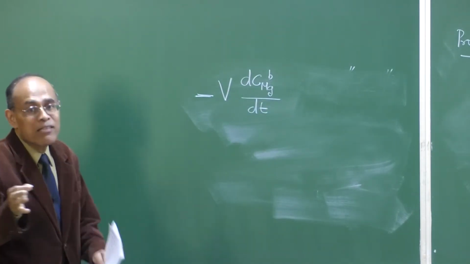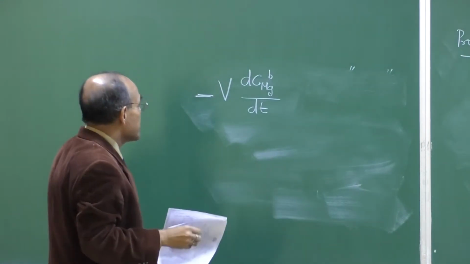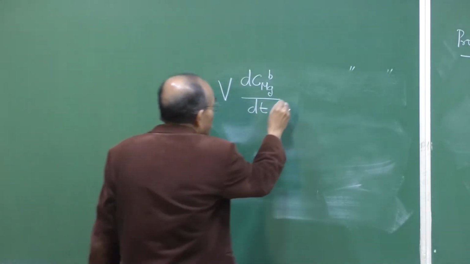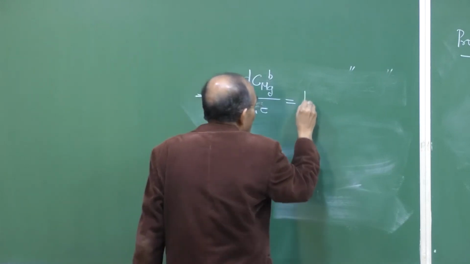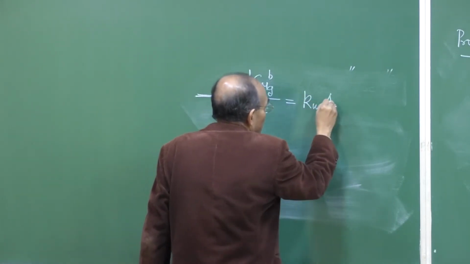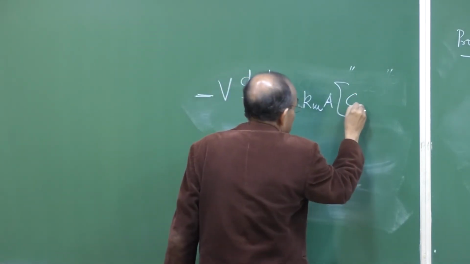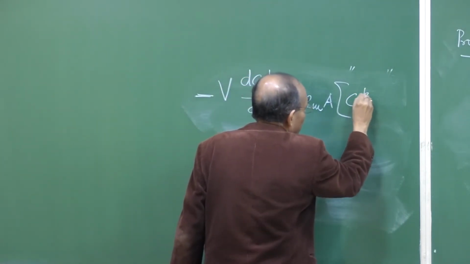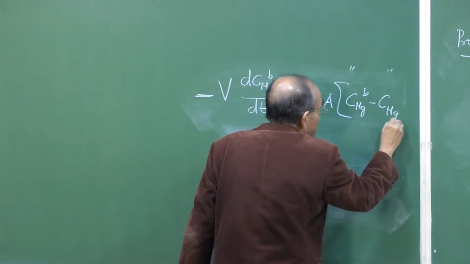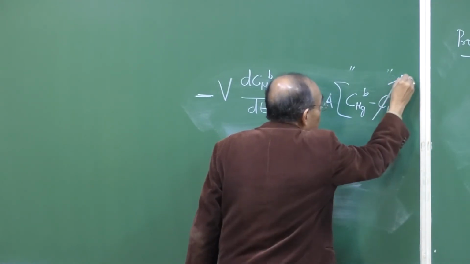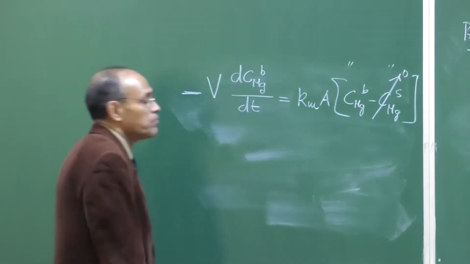The rate at which magnesium is getting lost from the system is exactly equal to Km times A times the driving force, C magnesium bulk minus C magnesium surface, and the surface term is going to be taken to be equal to 0.